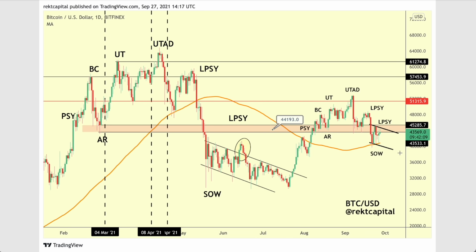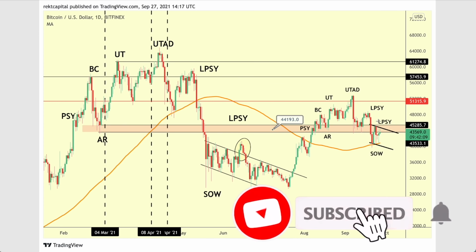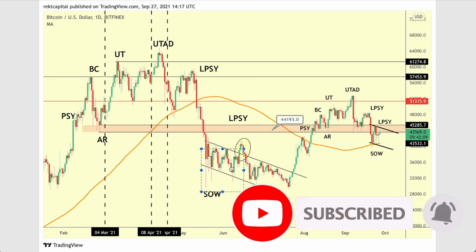And the thing about this fractal, and this is something I mentioned at length in the Rekt Capital newsletter, is that if this is a fractal of this price action, then this is going to be a fractal of this price action, right? Because if you want to appropriate this price action being the same as this macro distribution range, then this is going to be analogous to this downside falling wedge.